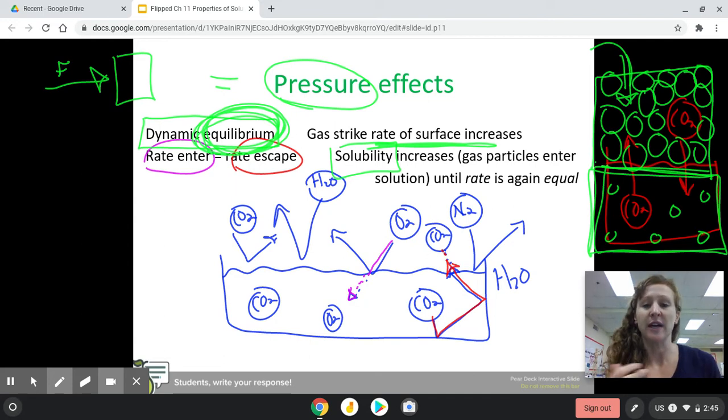So the pressure effects of solubility, again, really have to do with the gas phase, gas being dissolved into our solution, rather than the solid phase, solid dissolving into our solution.